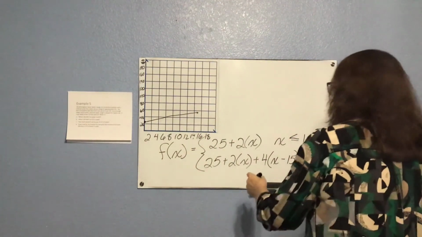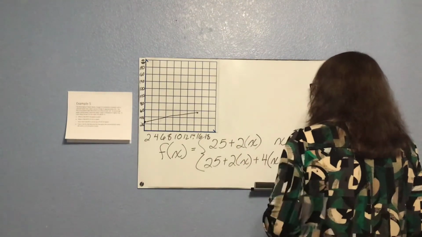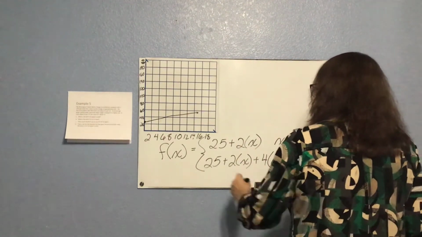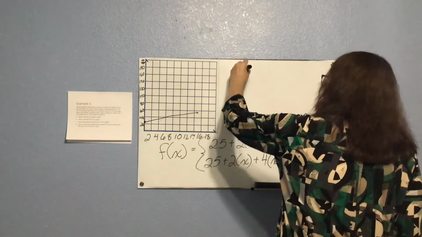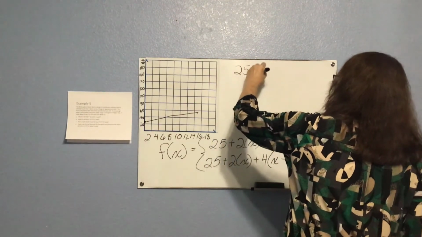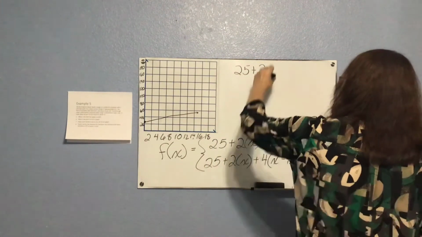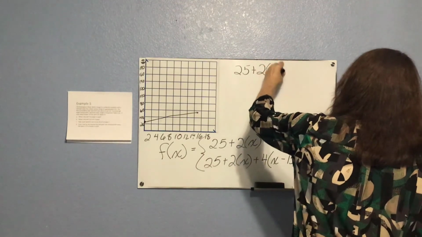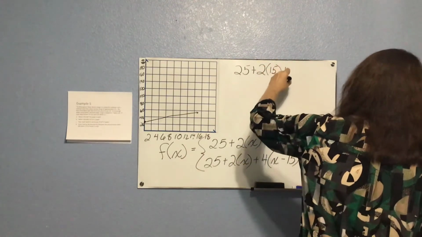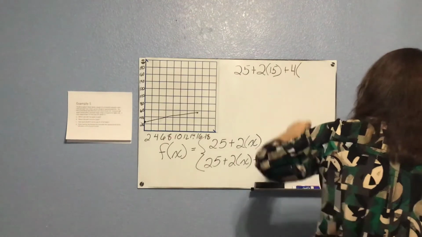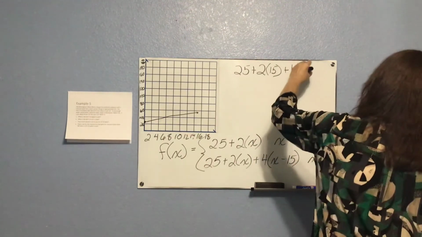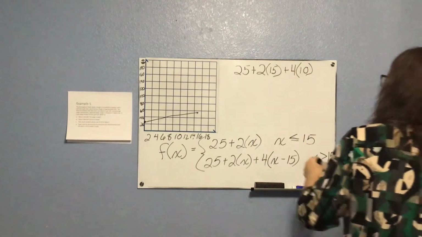So I'm going to figure out for 20 CCF, I would have 25 plus 2 times the 15, plus 4 times 25 minus 15, which would be the 10.